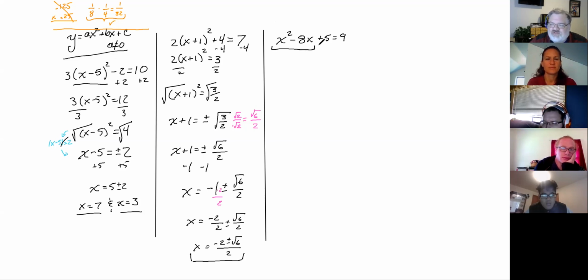So the way we solve these when they don't have perfect squares in them is to make it into a perfect square. I'm going to take this thing and transform it into a perfect square so we can use this solving methodology.